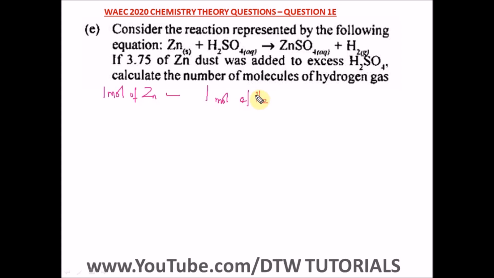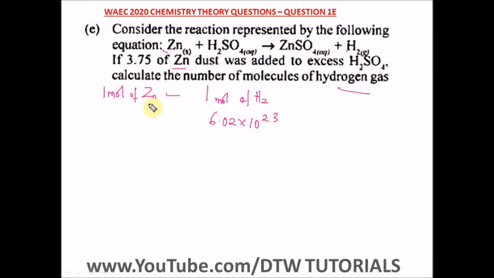Now using these two, because that is what is in zinc and hydrogen gas, 1 mole of zinc from the reaction liberates 1 mole of hydrogen gas. And from Avogadro's constant, 1 mole is 6.02 times 10 raised to the power 23.